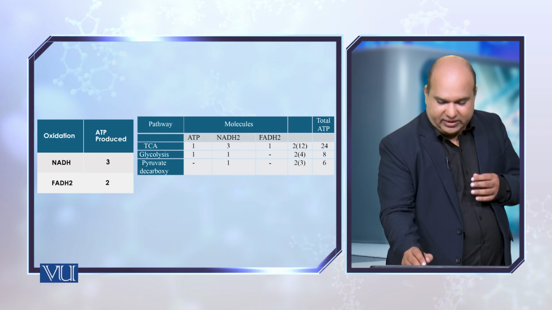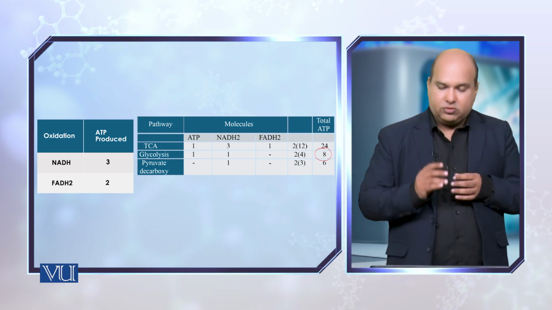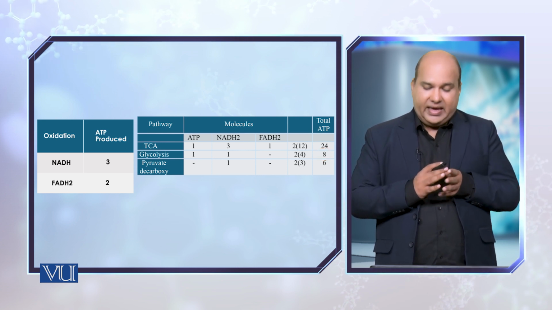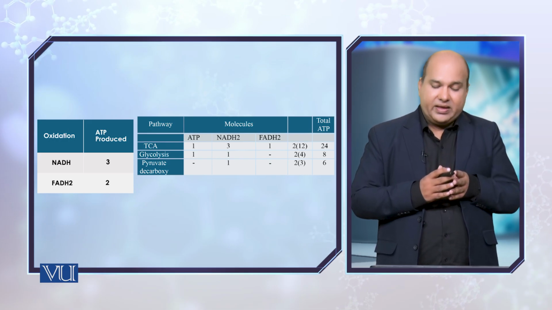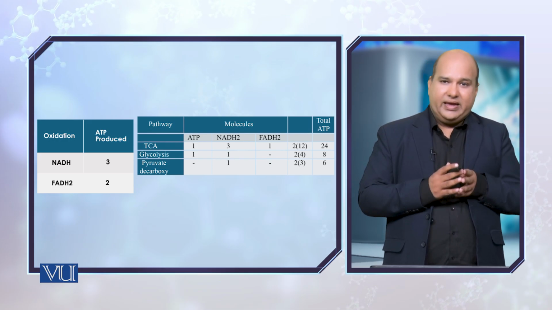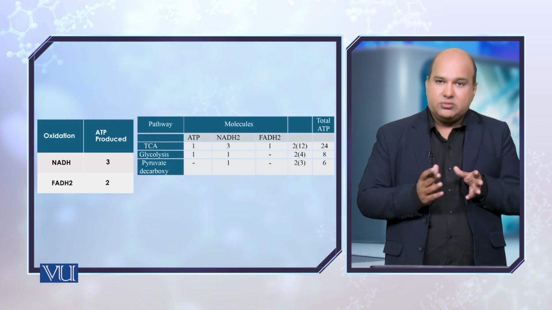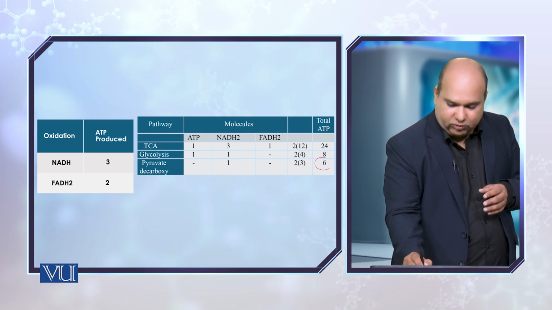So eventually, you will end up with 8 molecules of ATP from glycolysis. And then also when pyruvate is converted into acetyl CoA, again you get a huge amount of energy, almost 6 molecules of ATP.